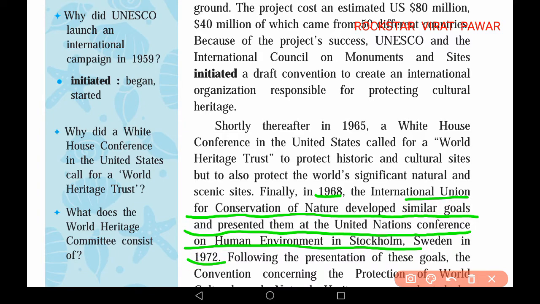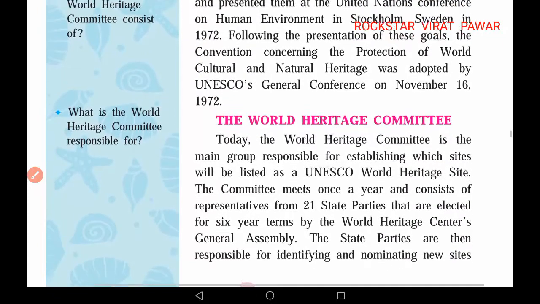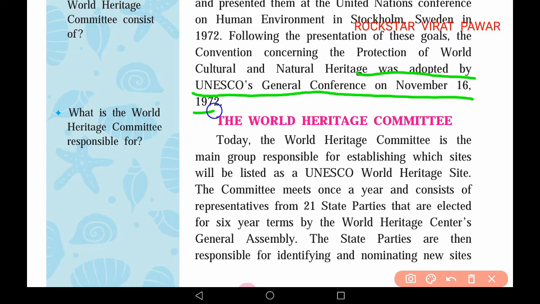Following the presentation of these goals, the convention concerning the protection of the world cultural and natural heritage was adopted by the UNESCO General Conference on November 16, 1972.